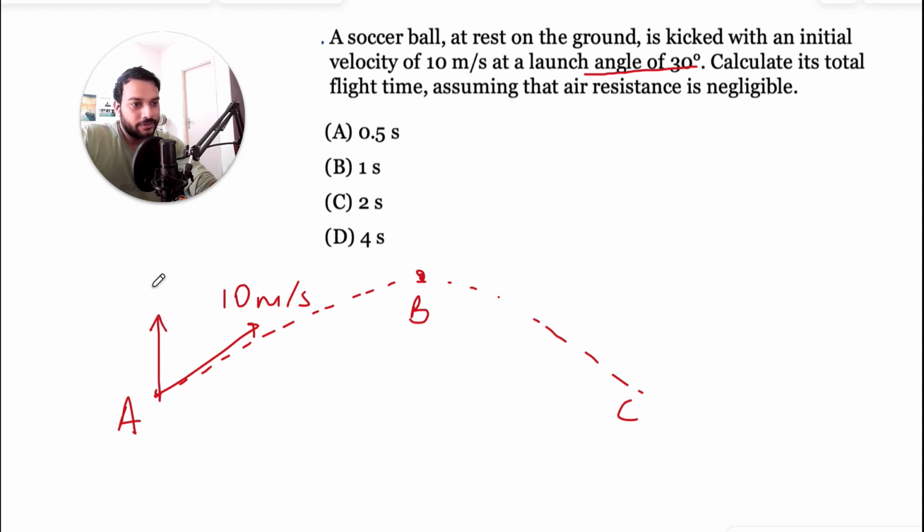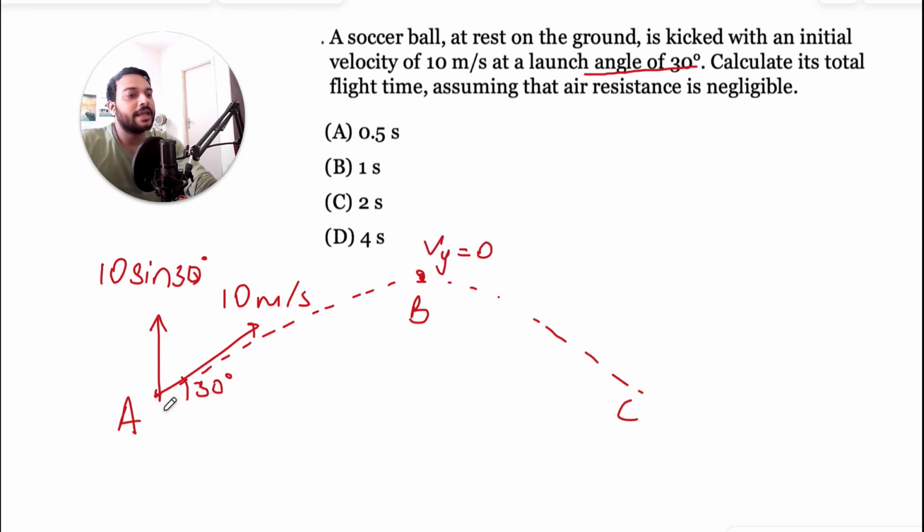So this is 30 degrees, the vertical component is going to be 10 sin 30, horizontal would be 10 cos 30. Okay, so initial velocity is 10 sin 30. At the topmost point, the vertical velocity is going to be 0, so Vy is going to be 0.